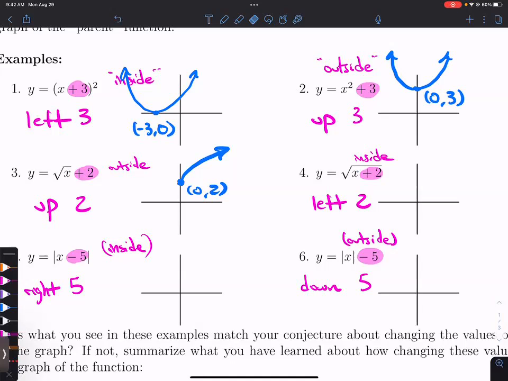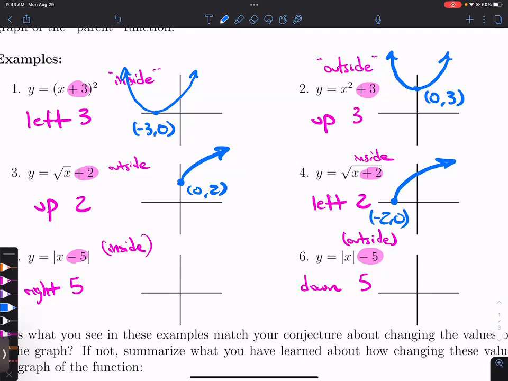Okay, number 4, same kind of function, but now it's going to move to the left. Okay, there we go. Coordinates at that point, -2, 0. Okay, and then the absolute value looks like a V-shaped graph, opening up, but straight lines now, right?